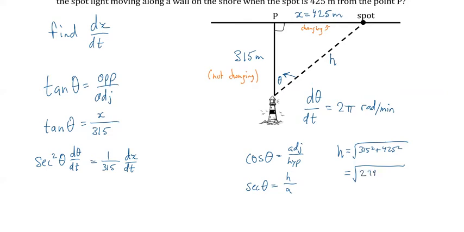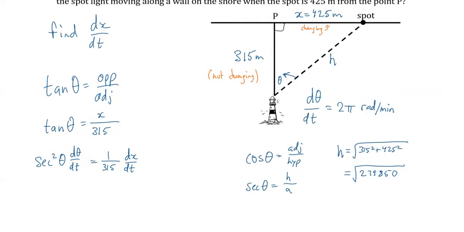The reason why I'm also not finding theta, because I could find theta using tangent, because I have the values. I could do tan theta is 425 over 315, shift tan, like I could do that, but that's going to give me a value that I then have to round or hold in the memory of my calculator. You could do it that way, but if you round, then it's going to be wrong, okay? Because we can do this exact. This is a better way to do it.